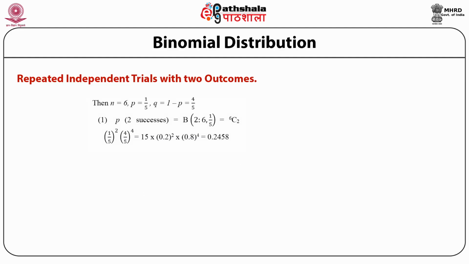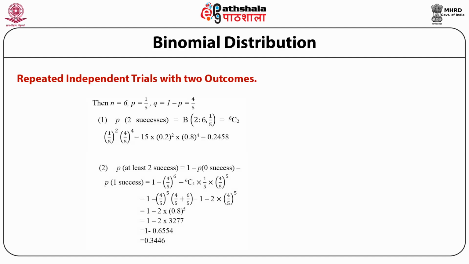So n is equal to 6 here, p is equal to 1 by 5, and calculate q by subtracting p from 1. The probability of 2 successes is nCr, p raised to power r, q raised to power n minus r, by following this formula, and the value of r is 2.